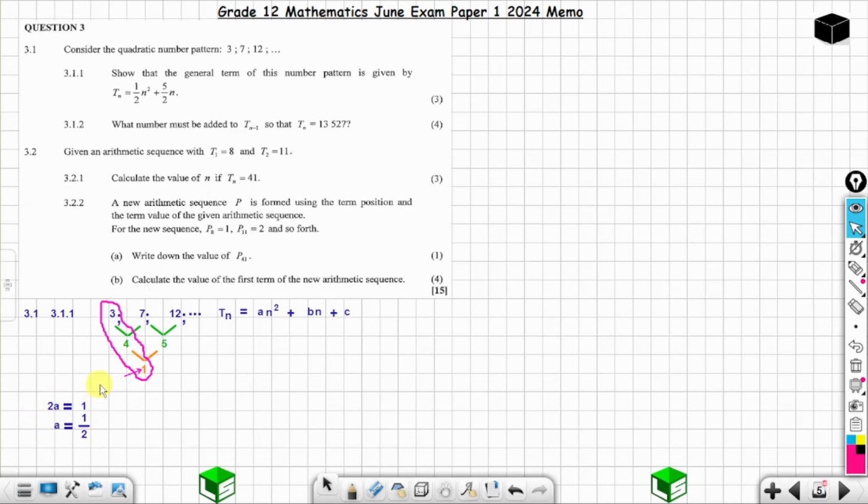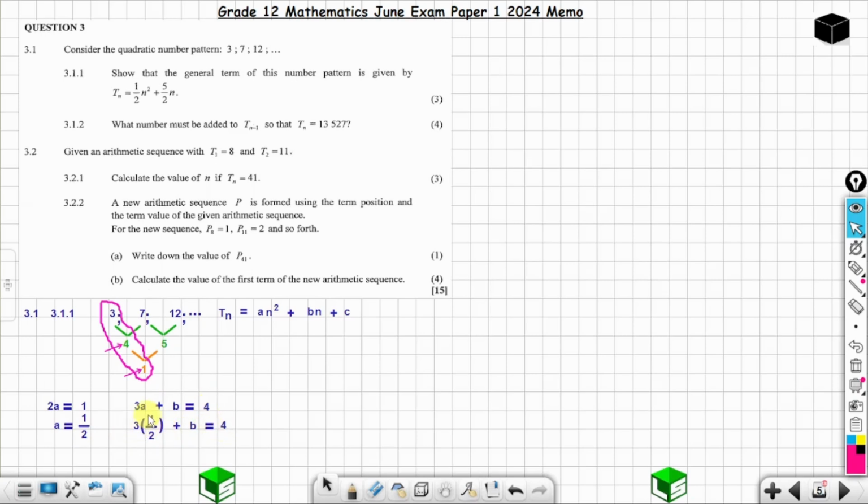Let's carry on. You're going to use this number. This number is always equal to 3a plus b. So 3a plus b is equal to this number. You plug in a, plus b, this is equal to 4.